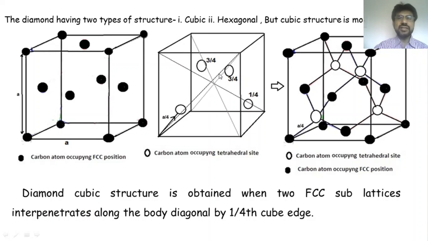Now see here, in this unit cell, if we connect the diagonal from this corner to this corner, this is one of the atoms, which is at the position 1/4 of the edge of the unit cell.